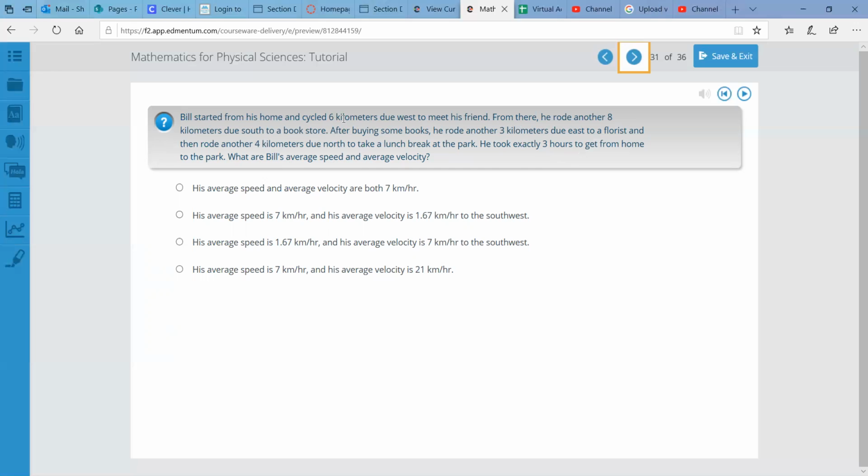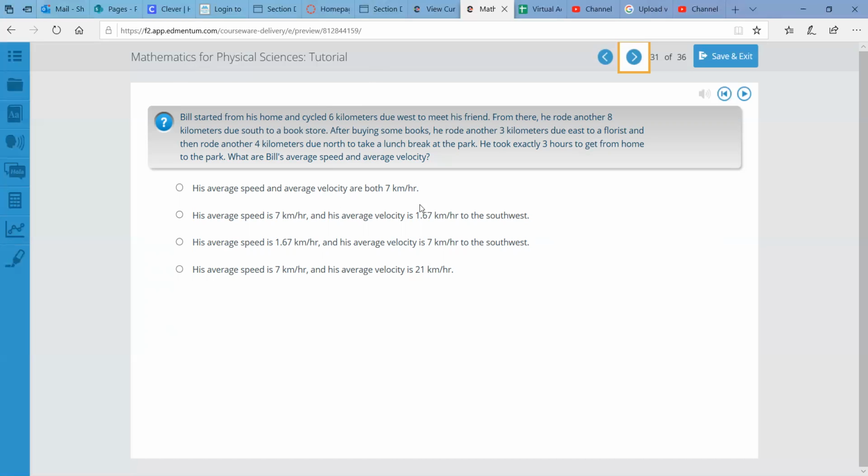So if he went 6 west, another 8 south, 3 kilometers east, and then 4 kilometers north. Five divided by 3. Okay.